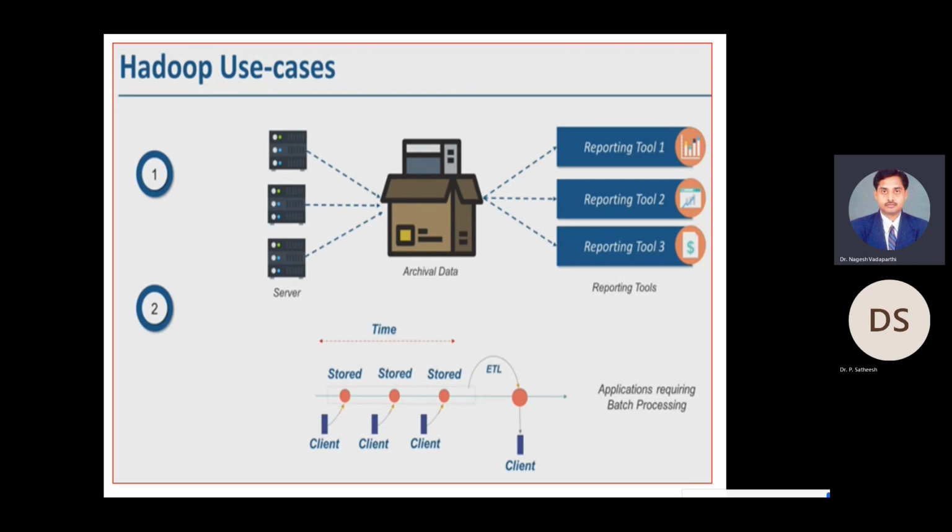X-ray images data set, movie data set, NASA data set, weather forecasting data set, retail market data set, supermarket data set, and various kinds of data sets we can download from the very good open source repository called Kaggle.